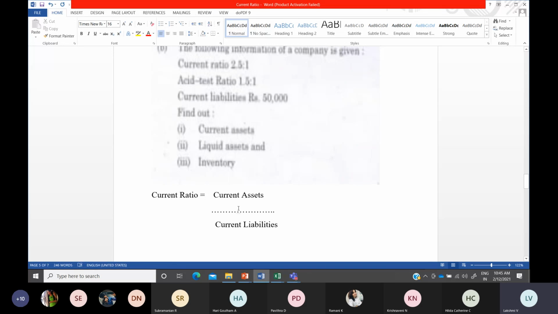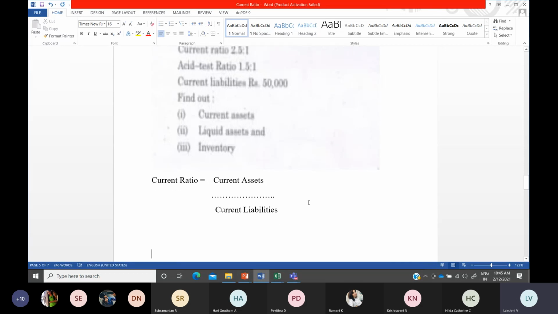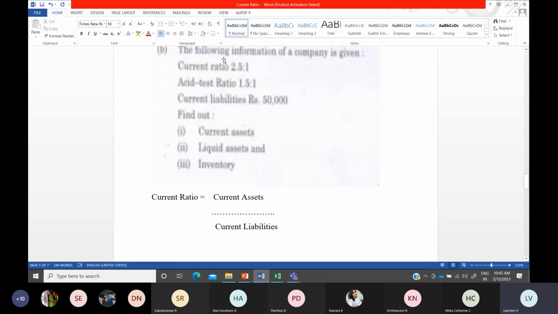So the current ratio formula is current assets divided by current liabilities. Now the proportion of the current ratio they have given is 2.5 is to 1.